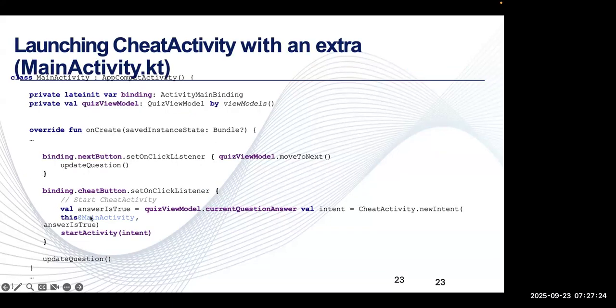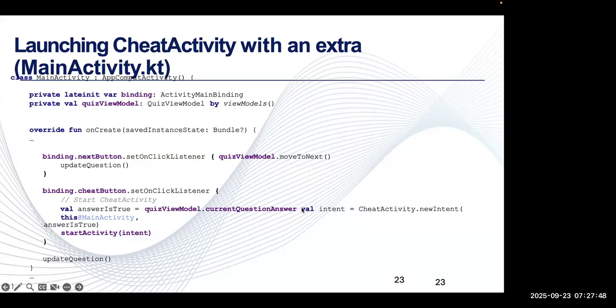So inside of this click listener, the cheat button, in our case the heart rate button, we're going to be adding the value answer is true for the quiz model, whether the heart rate is there. Then we're going to add a second value.